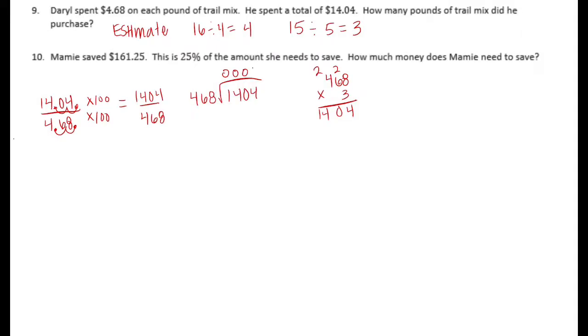So it goes in 3 times. So our answer is 3 pounds is how much he purchased, and that was one of our estimates, so it works. If we wanted, we can multiply or divide on a calculator to make sure.